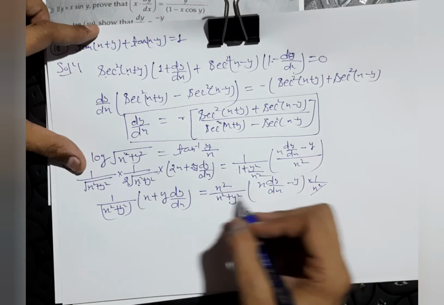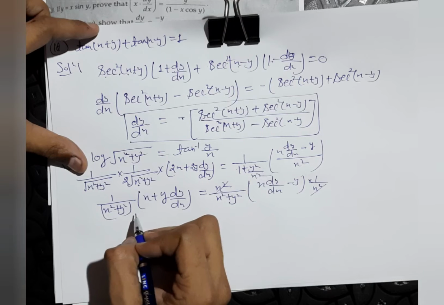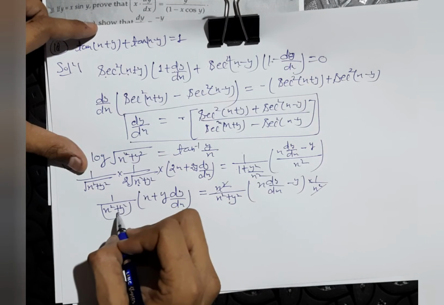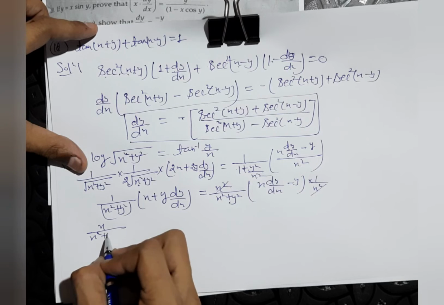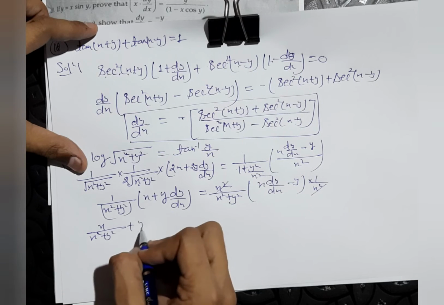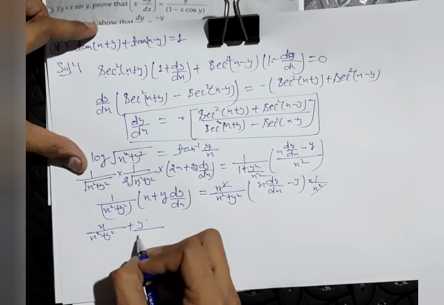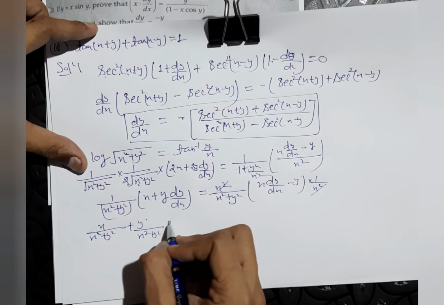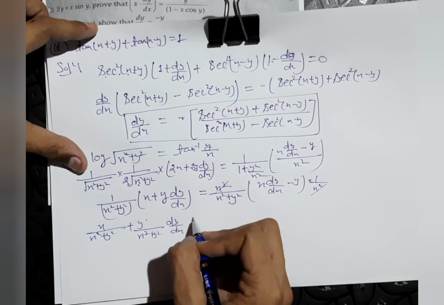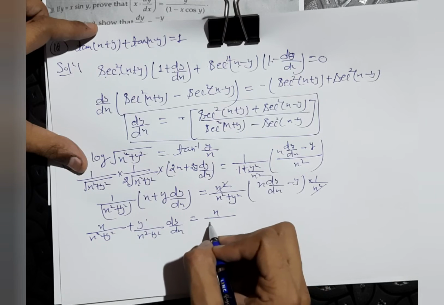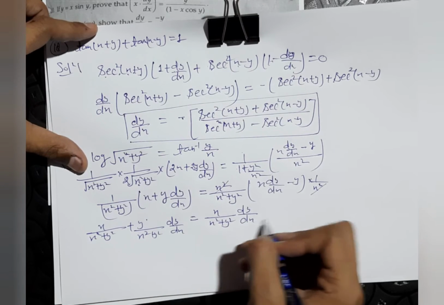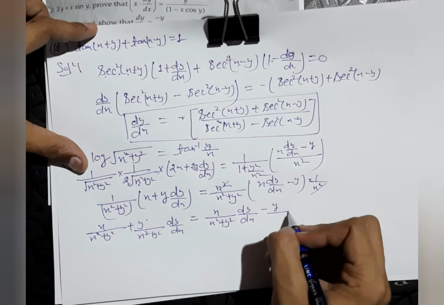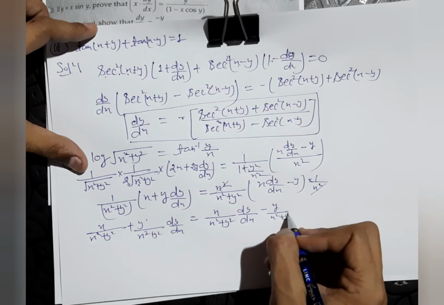This x square is cancelled by this x square, and the product of 1 over x square plus y square with the bracket gives x plus y divided by x square plus y square times dy over dx equals x divided by x square plus y square times dy over dx, minus y divided by x square plus y square.